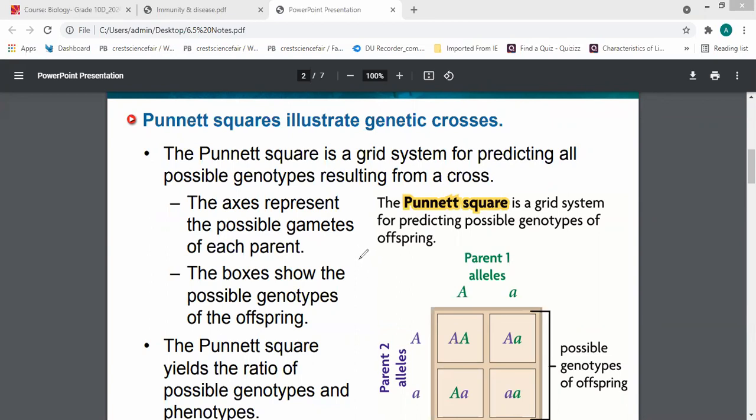Like capital A, small a, mating with small a, small a. Capital A, small a is dominant heterozygous. Cross small a, small a, homozygous. So the offspring will be what?